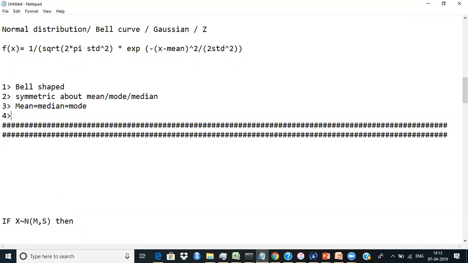Next, on either side, it goes to infinity; it's continuous from minus infinity to plus infinity.